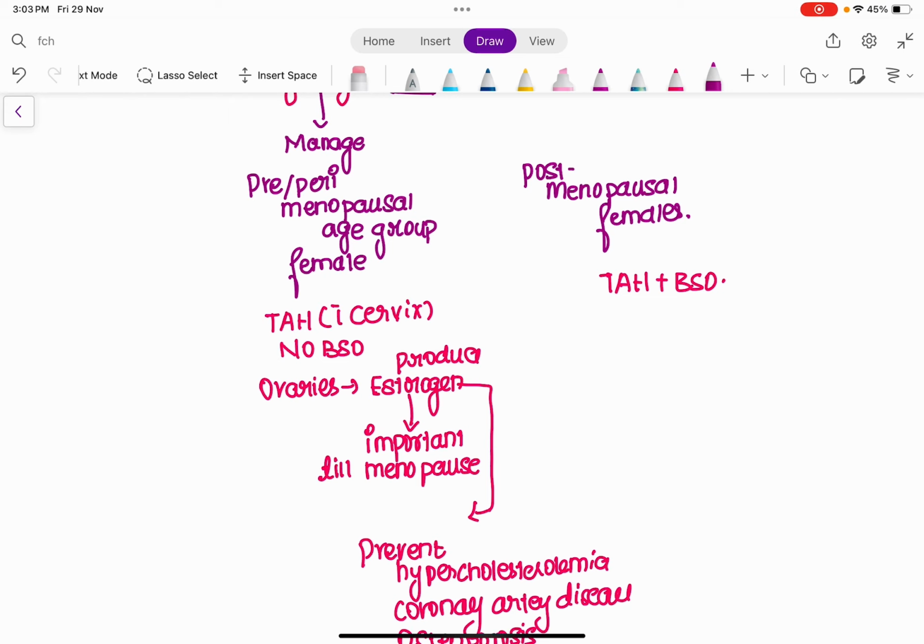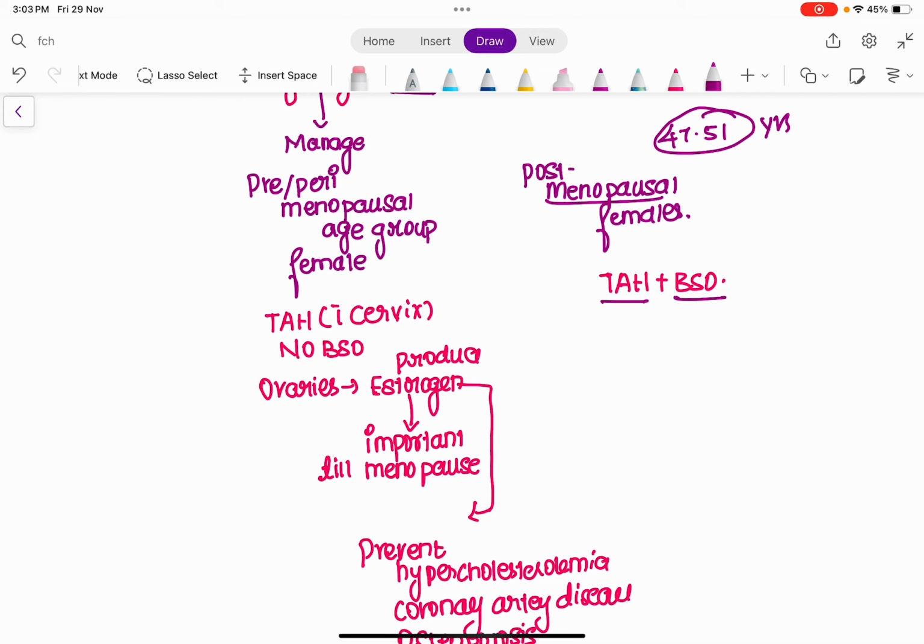You remove the uterus and the cervix. Right? And any female who has attained menopause is a postmenopausal female. In postmenopausal females, you can do total abdominal hysterectomy with bilateral salpingo-oophorectomy.